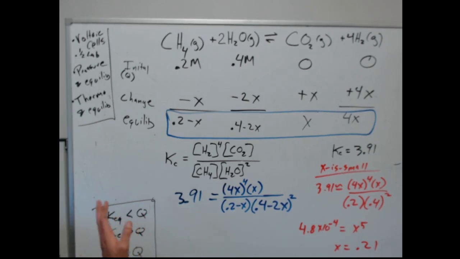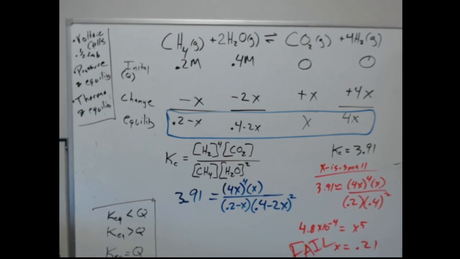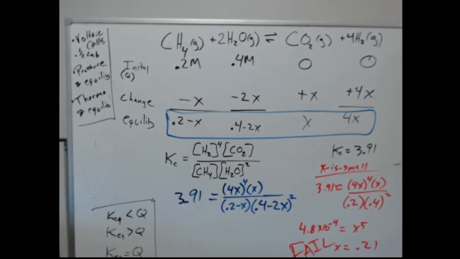During the change step, sure, that's how it's switching. But at equilibrium, we can't have negative moles stably in a container. So x is small is a big fail. In this case, x is small fails. We kind of thought that was going to happen because we looked at that equilibrium constant compared to our initial concentrations, and it looked like bad news.